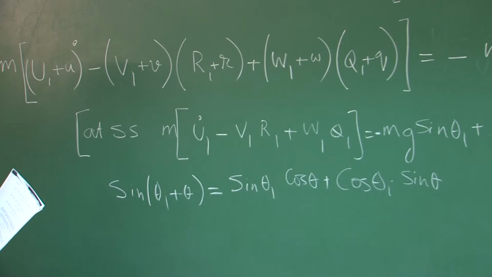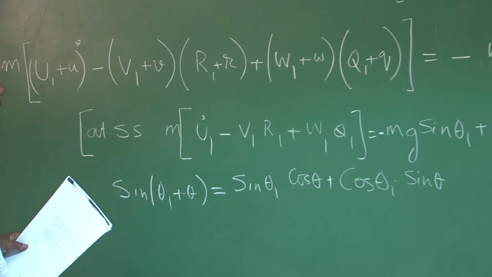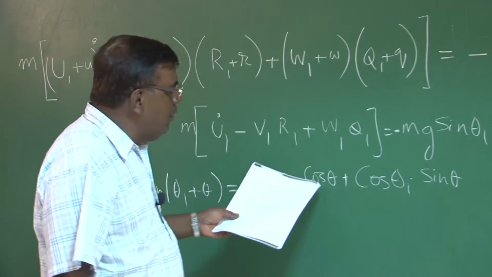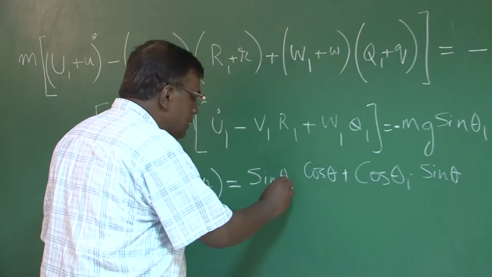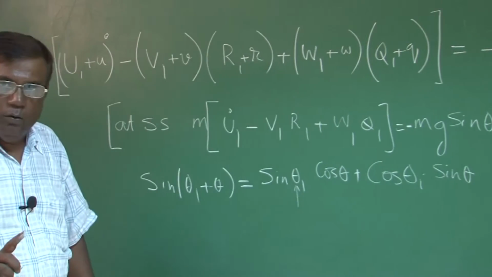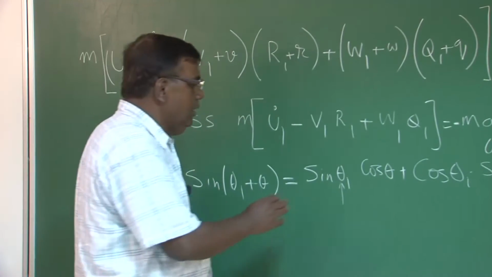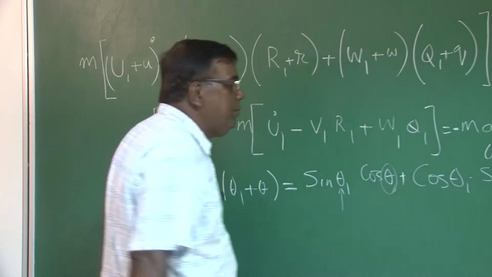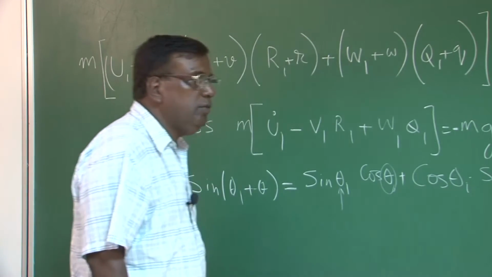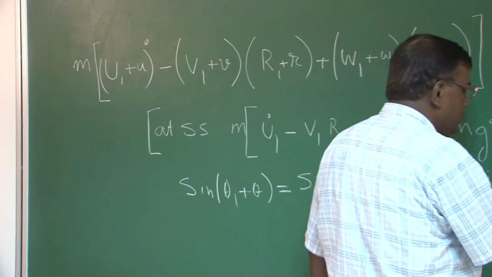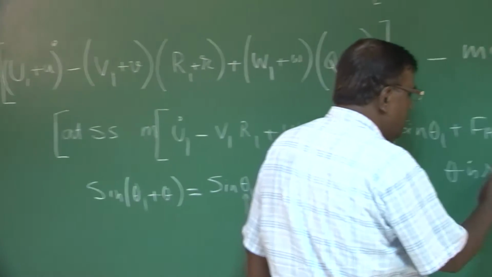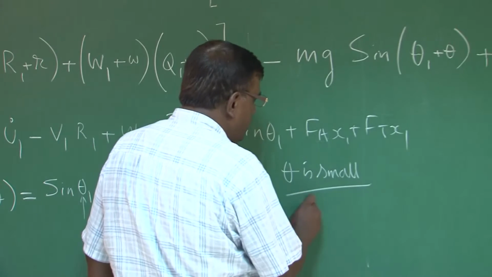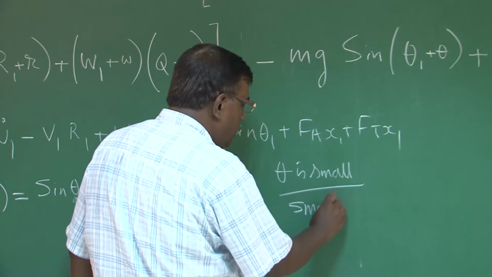And we are talking about small perturbation. Let us see here. Which one is the perturbed quantity here? Is theta 1 the perturbed quantity? No. Theta 1 is the steady state quantity. This theta is the perturbed quantity. And our assumption is theta is small, because we are talking about small perturbation.